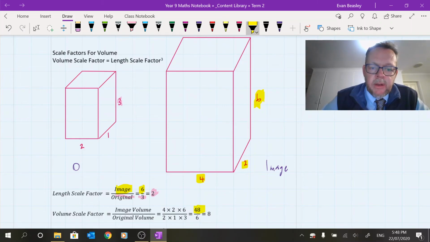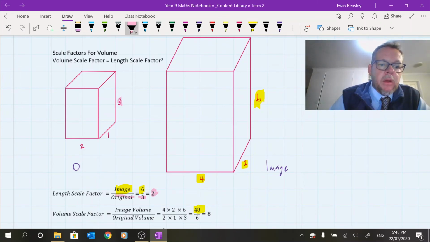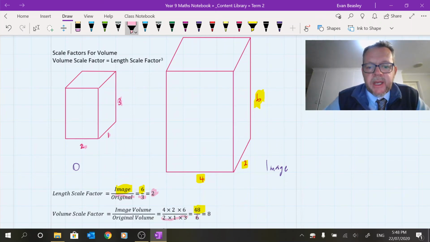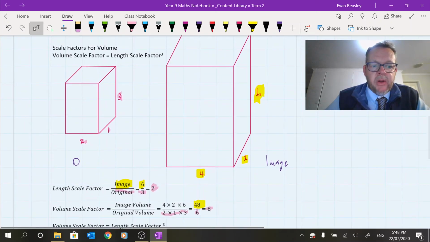Okay, that's good. Now, let's work out the volume of the original shape. It's 2 by 1, which is 2, and 2 times 3 is 6. So 48 divided by 6 is going to be 8. So I have my volume scale factor of 8.